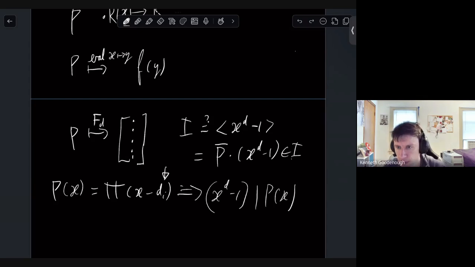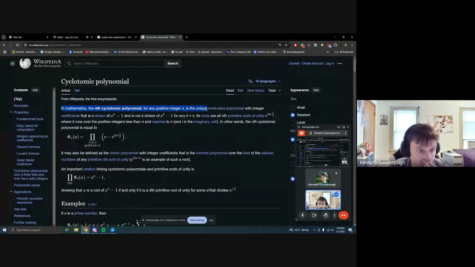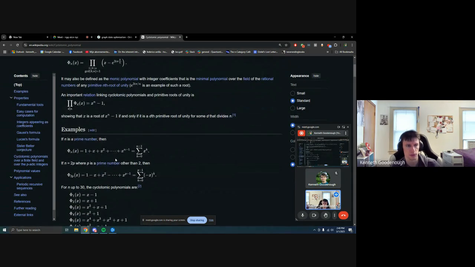Okay, let me share my screen because you cannot see what's happening, of course. All right, so it's a unique irreducible polynomial with integer coefficients that is a divisor of x to the power n minus 1. So that does seem quite nice.